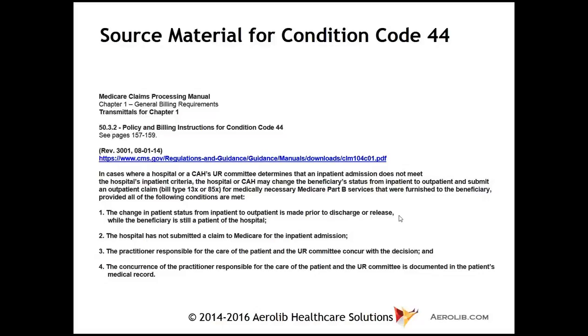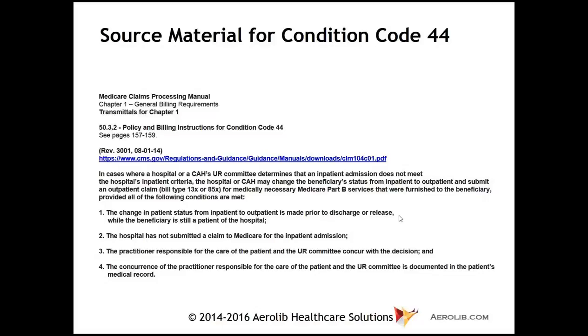So it says here that in cases where a hospital or a critical access hospital's UR committee has determined that the inpatient stay is not appropriate under the hospital's inpatient criteria, whatever they're using for that criteria, and of course that's another subject all by itself, that has to be inpatient criteria that's being used throughout the hospital in all cases, so it's evenly applied, not some special case.